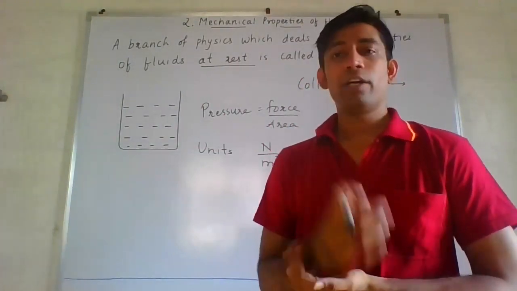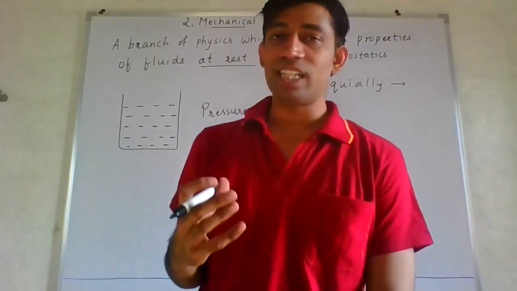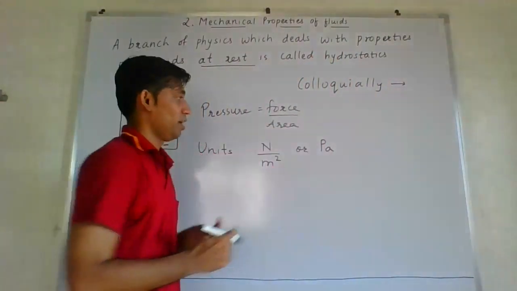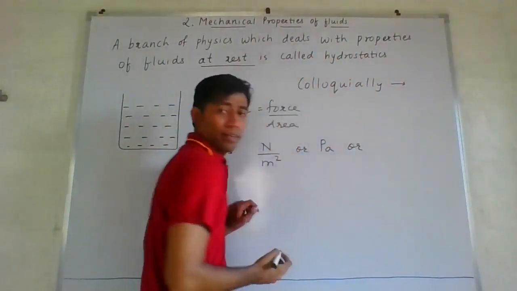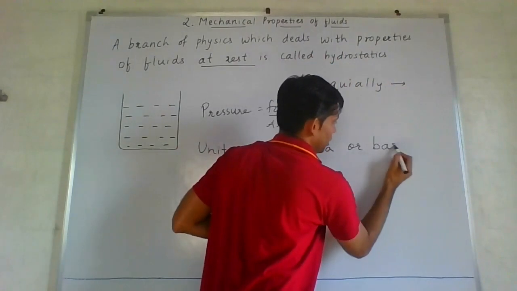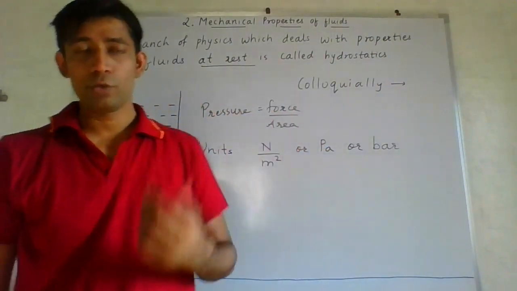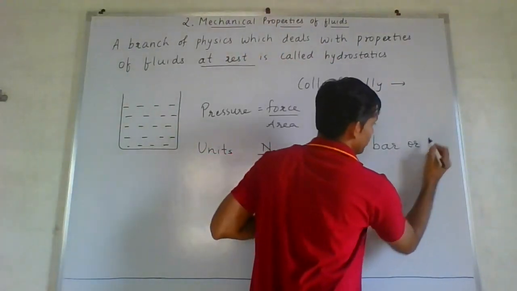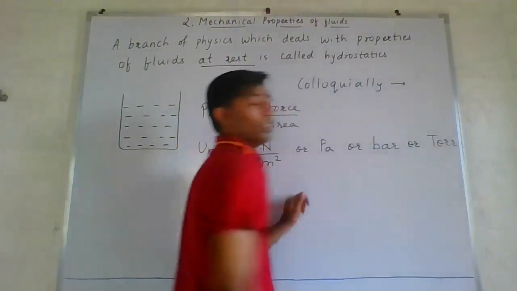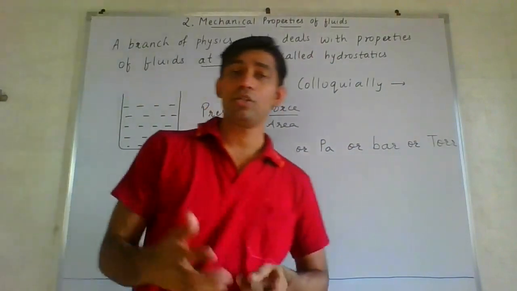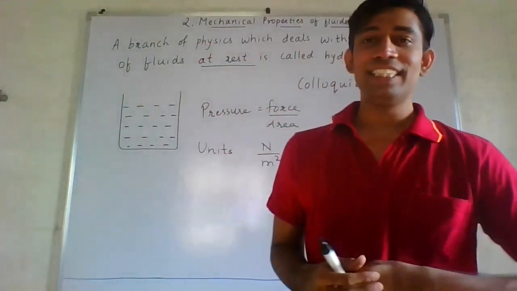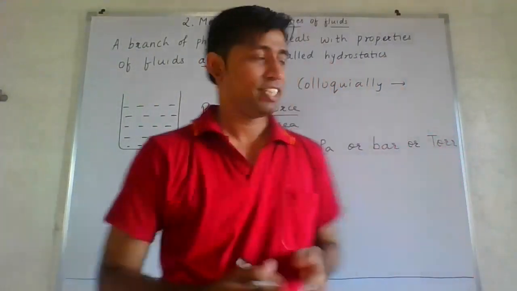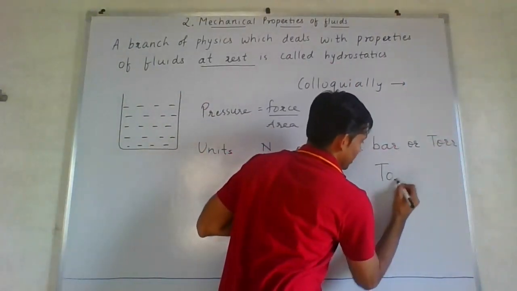And we are going to study one topic called Pascal's law in this chapter itself. We have one more unit which is bar. In chemistry, you must have heard one bar. We have one more unit which is torr. It is also named after an Italian scientist, Torricelli. Let me write it.